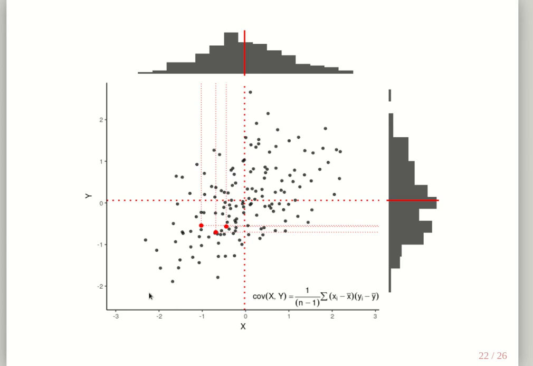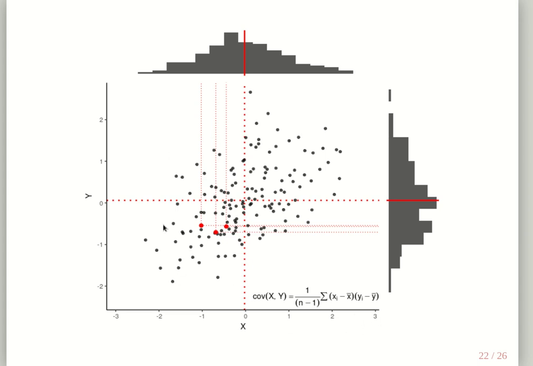So again, whether this covariance is positive just indicates that consistently across many observations, we find differences that move in the same direction with respect to their mean. When this covariance is negative, it would indicate that instead we had the opposite pattern, where as one variable increases, the other decreases.